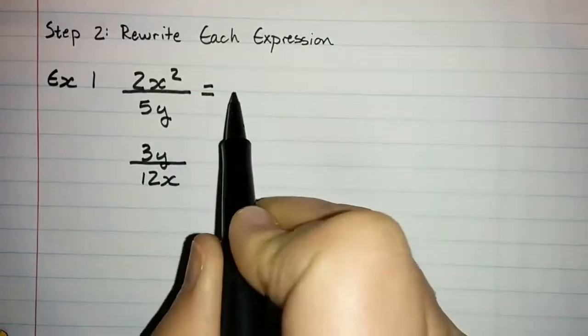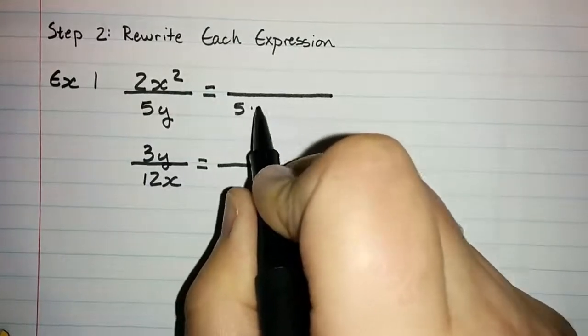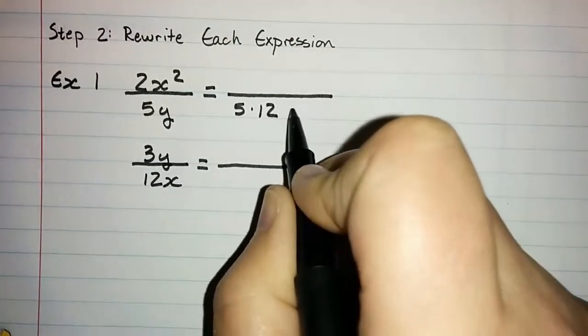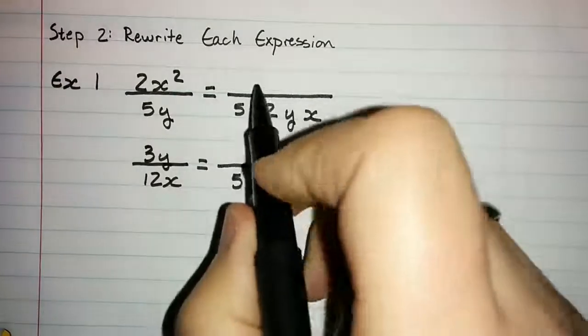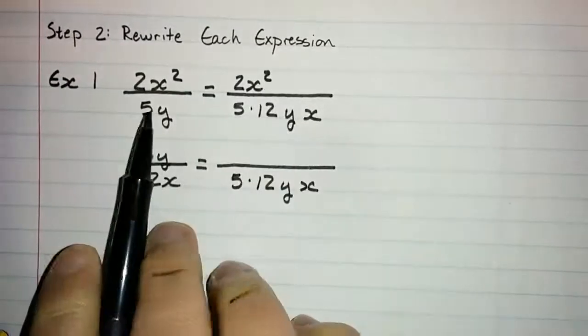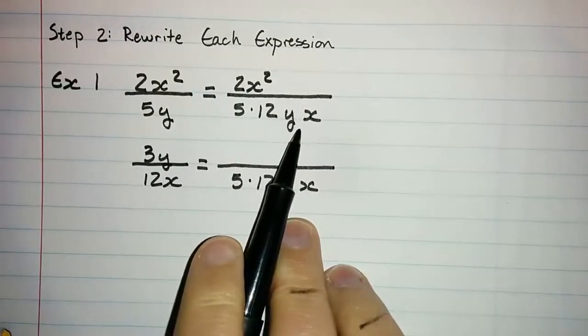And we found that our least common denominator ought to be 5 times 12 times y times x. All right? Well, what did we need to multiply 5y by to get this common denominator?